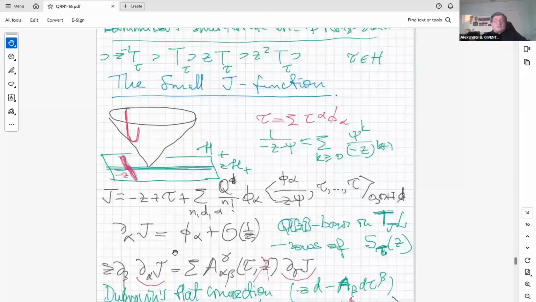But then what he says, let's do the following. So let's differentiate that basis in the tangent space. If you wish, these are rows of that matrix S, in fact.